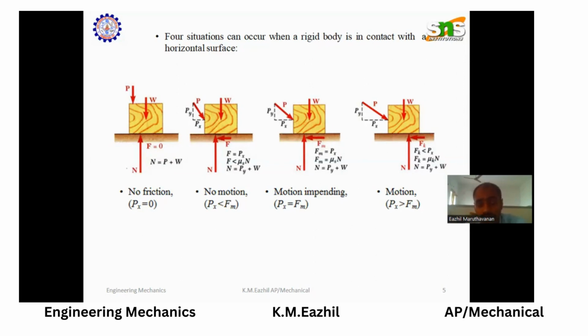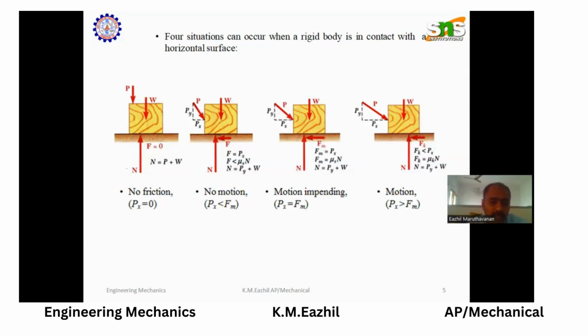When the object is in motion, that is kinetic motion, the same equation will be rewritten as Fk is lesser than Px. The frictional force will be lesser than the applied force. In that case, the object will be in motion. So considering these four different conditions: when there is no applied force, there will be no friction.